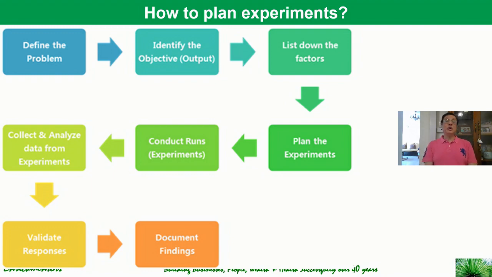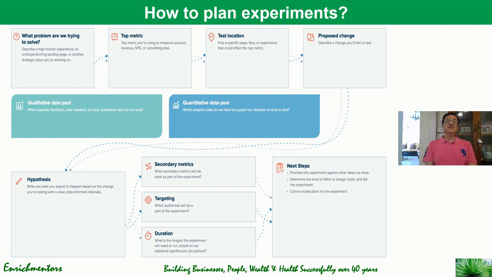Let's look at this a little more. We start by defining the problem we are trying to solve. In that problem there is a certain output, let's call it the top metric, Y. Then you decide what changes you want in the Y. If your conversion right now is 10% and you have a target of 20%, that becomes the proposed change.